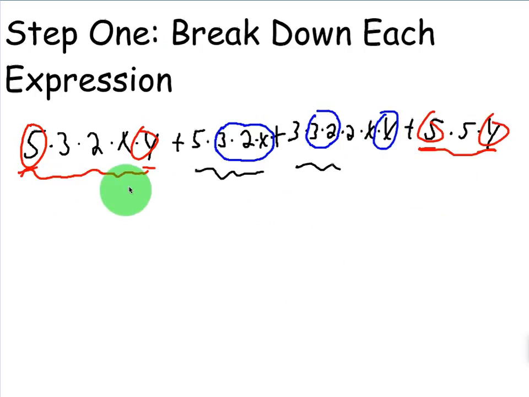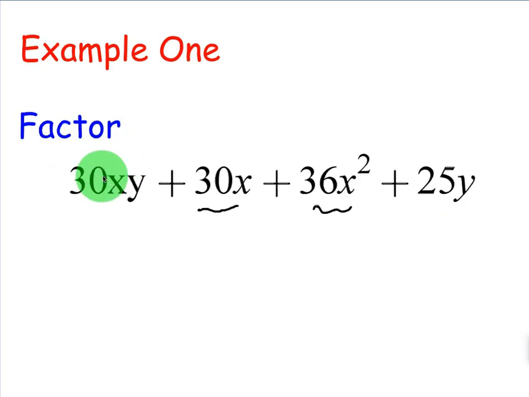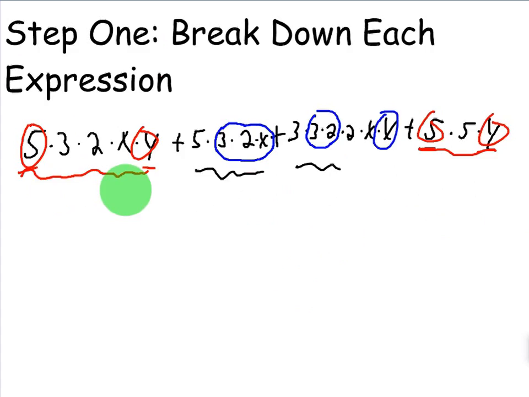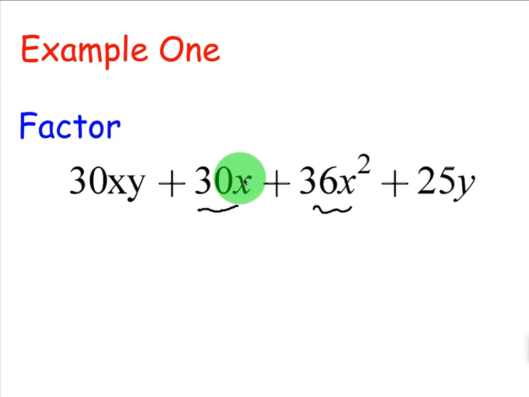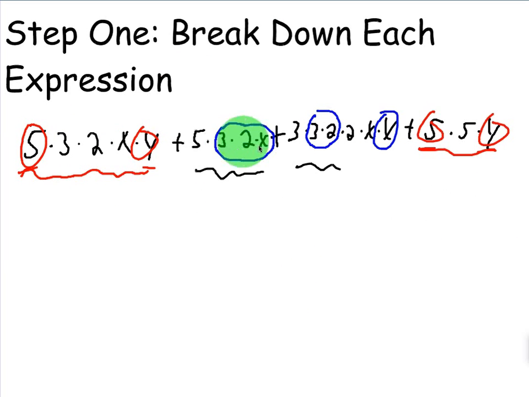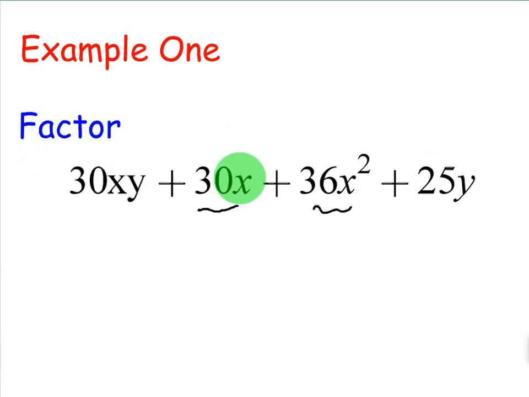So, for example, the first expression, 30xy, has a 5 and a 6, if you think about it that way, or 5 times 3 times 2. And it has an x and a y. The second expression, 30x, same thing: 5 times 3 times 2. It has an x, but it doesn't have a y. 36x squared, that's 6 times 6, and then 2 x's.